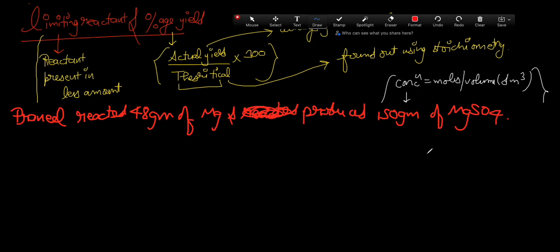Find the percentage yield. Fine. So first of all, we need to write the equation: Mg plus H2SO4 giving MgSO4 plus H2.